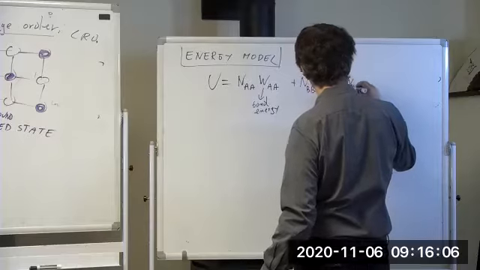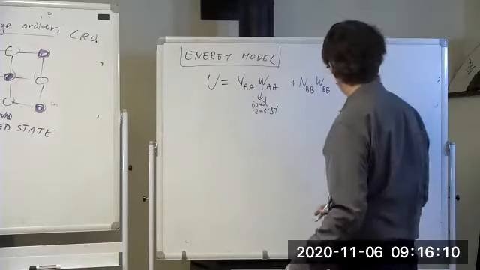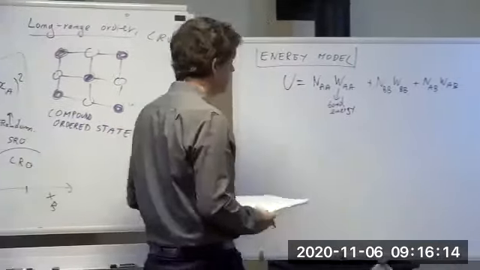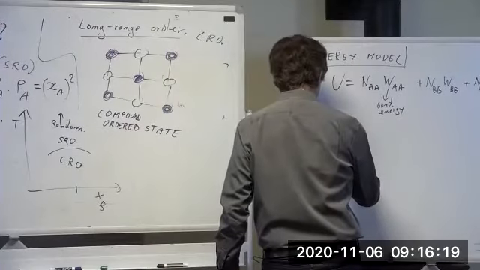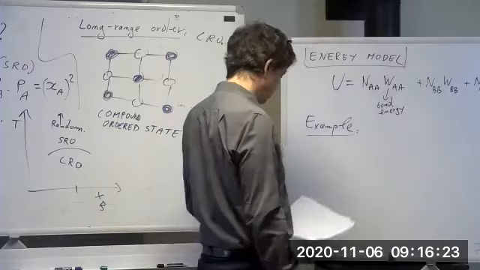Plus the same for AB. So I assume I know these three bond energies, WAA, WBB, and WAB, and I can figure out what the energy is. So if I accept that expression, I can calculate the energy of pure states, but actually also of mixed states.